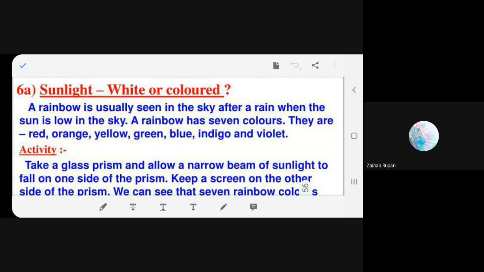So these water drops are behaving like reflectors. You got it? And then it helps in formation of the rainbow. You should be understanding why the rainbow is forming. These raindrops which are present in the atmosphere make the rainbow happen. You understand? Yes, ma'am.